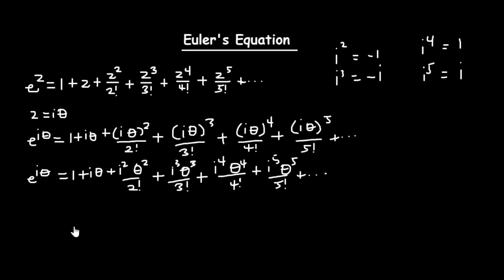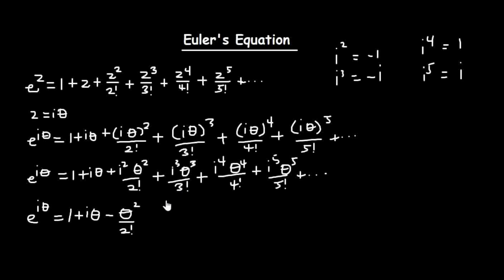So let's continue. You have e to the power i theta equal to 1 plus i theta, plus i squared, and you know i squared equals -1, so that was minus theta squared divided by 2 factorial, and then plus i to the power 3 multiply theta to the power 3 divided by 3 factorial.